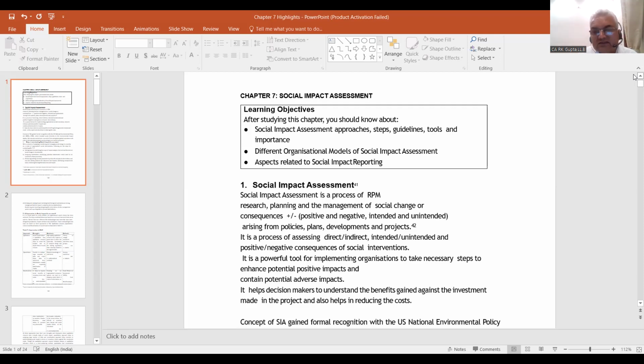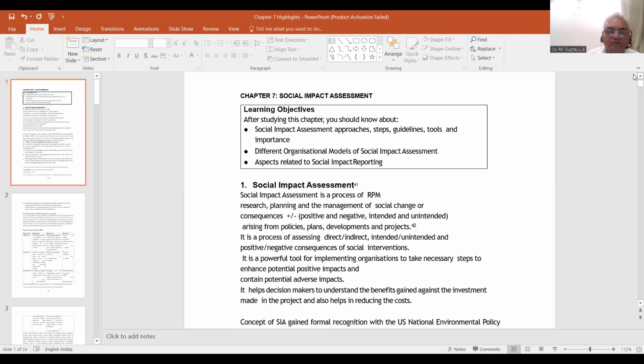So it is a process of assessing direct, indirect, intended, unintended, positive, negative consequences of social interventions. So it is a powerful tool for implementing organizations to take necessary steps to enhance potential positive impacts and contain potential adverse impacts. So the idea is to enhance the positive impacts and contain the potential adverse impacts.